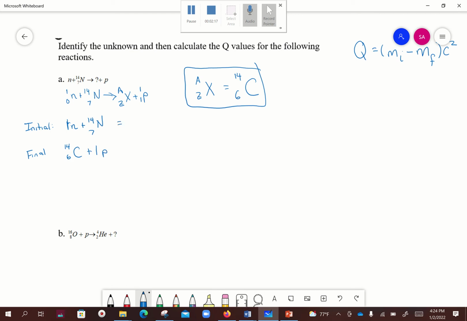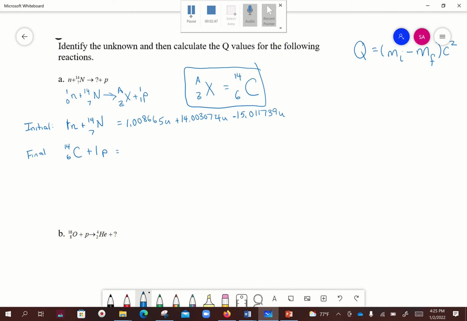So I need to look up, and if this were a test, you'd be given the masses. Otherwise, you can look it up online or in the textbook for the masses. So the mass of a neutron is 1.008665 u. The mass of that nucleus is 14.003074 u. And so I get a total mass of 15.011739 u.